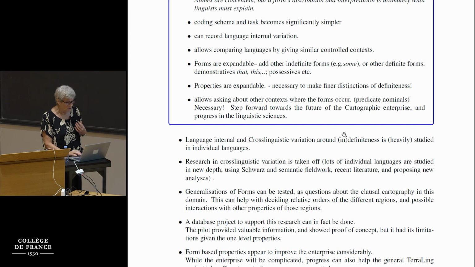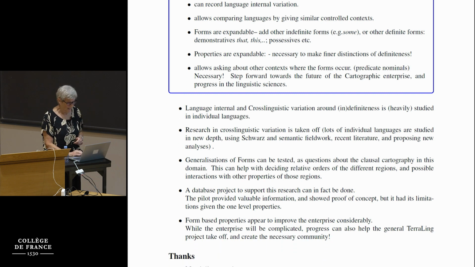Okay, so is all of this necessary? Yes, I think it is. It's a step forward towards the future of the cartographic enterprise. And it's kind of where we're going to go in the next 100 years, this progress in the linguistic sciences. Okay.